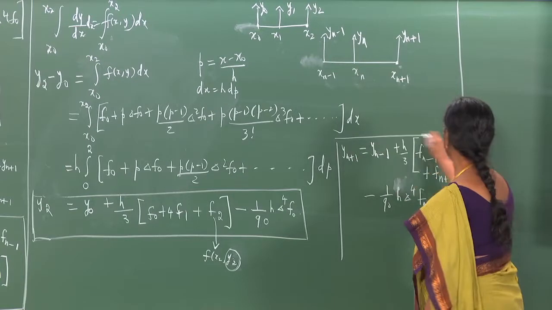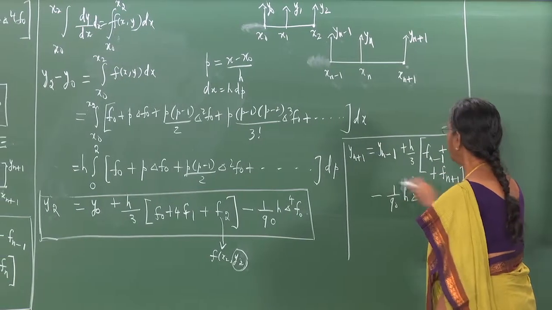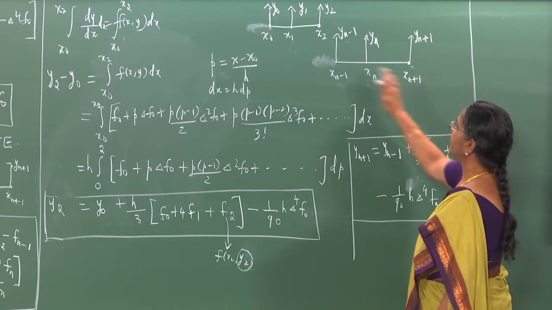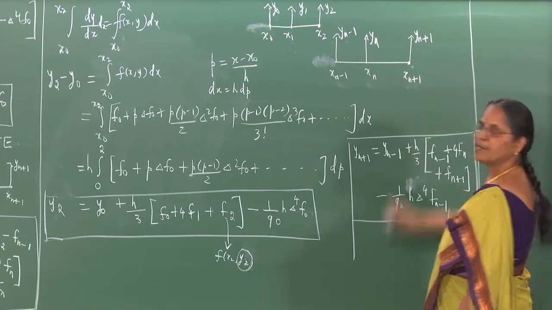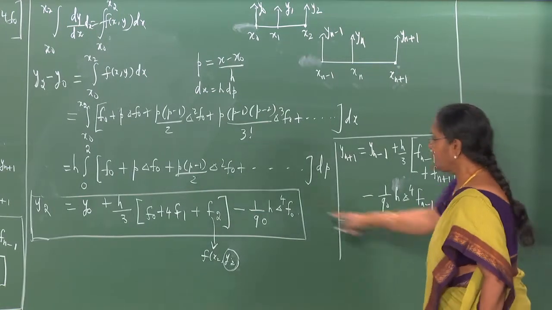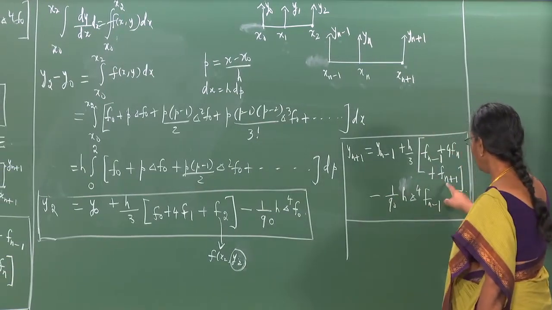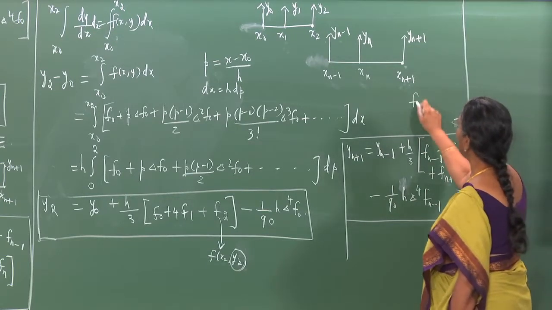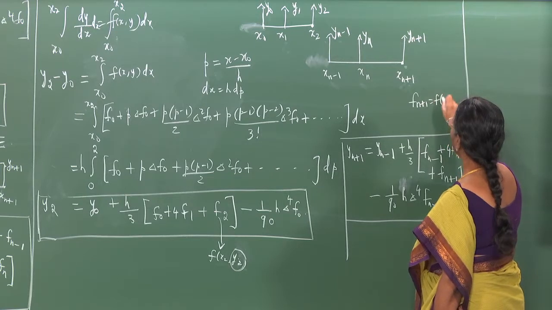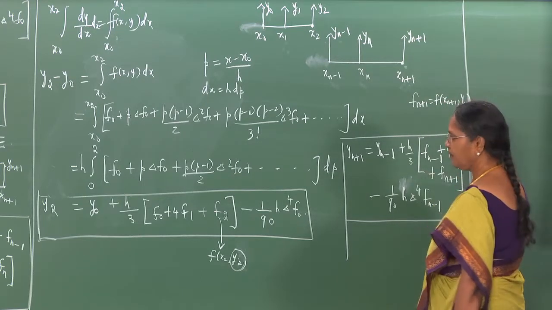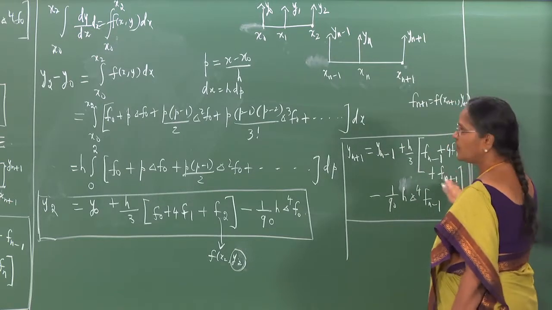So, I have the method written in general in terms of xn minus 1, xn and xn plus 1 and the function values there. So, as before I observe that this fn plus 1 is f of xn plus 1 yn plus 1. So, I require information about yn plus 1. Where do I get it from?